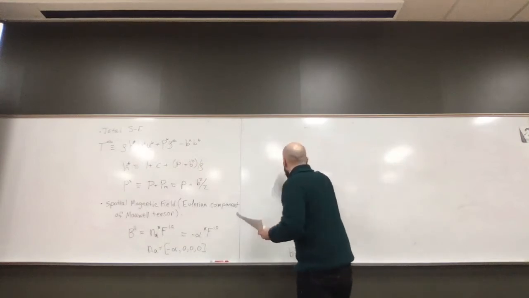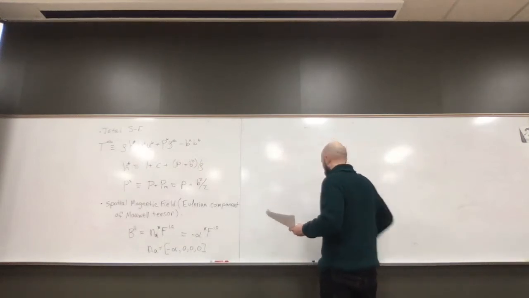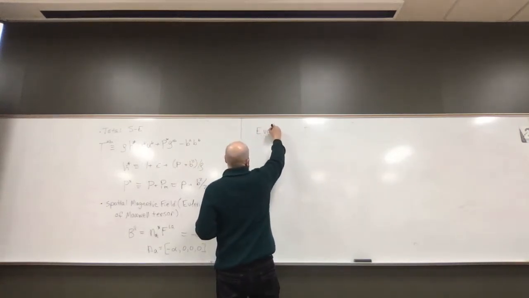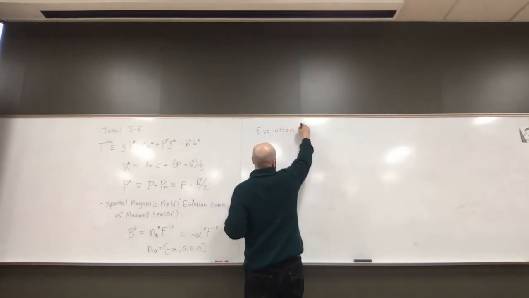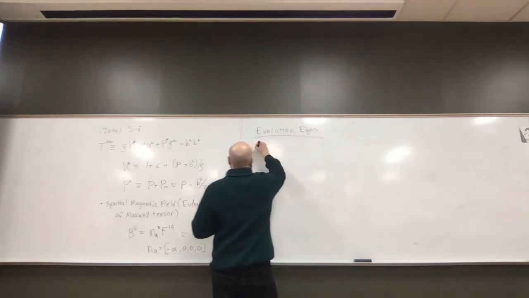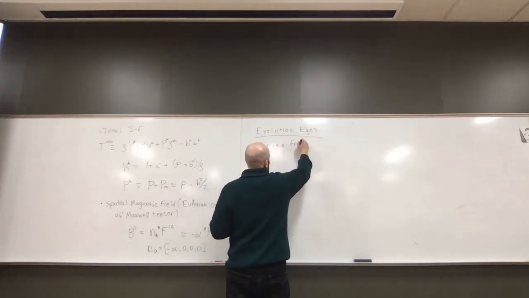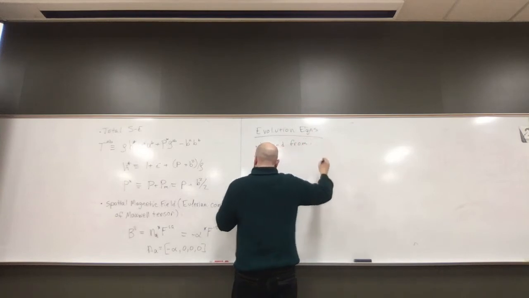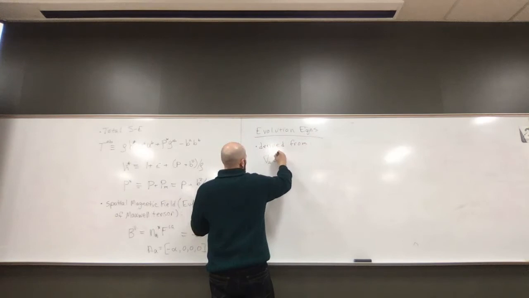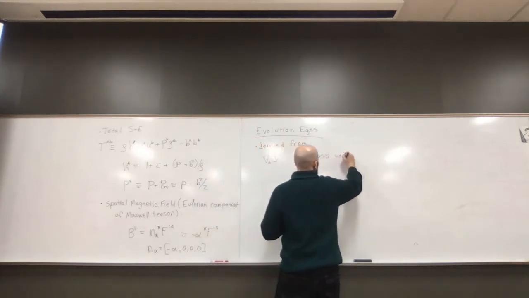So now let's get down to the evolution equations for my complete system. These are going to be derived from our conservation laws. In particular, I'm going to call this mass conservation.